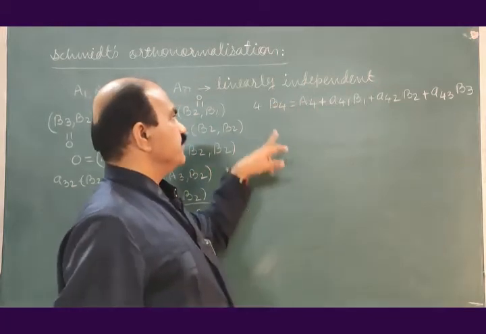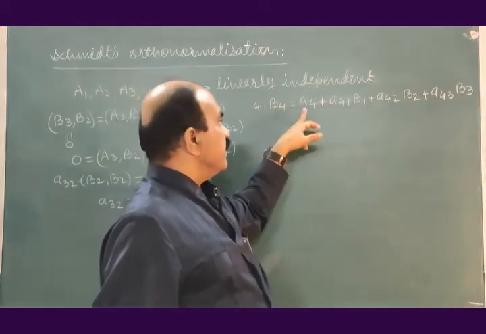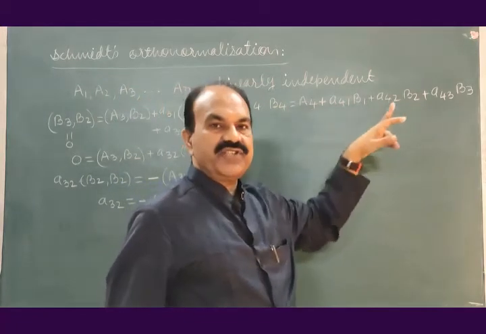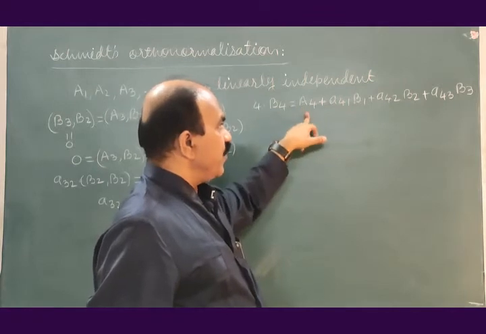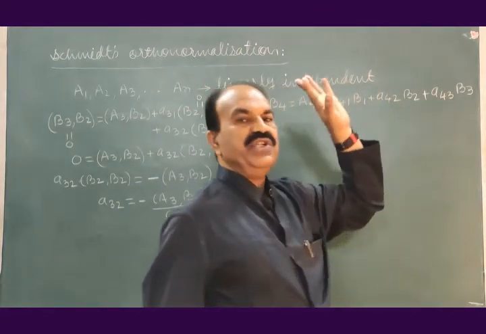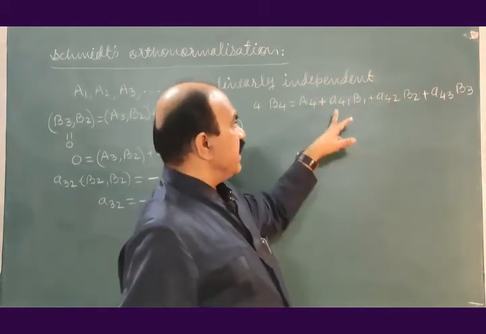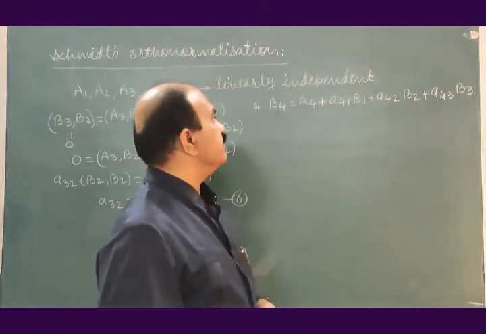Now to get b4, we have to use this equation. In this equation, a4 is known, b1 known, b2 known, b3 known. a41, a42, a43 are not known.